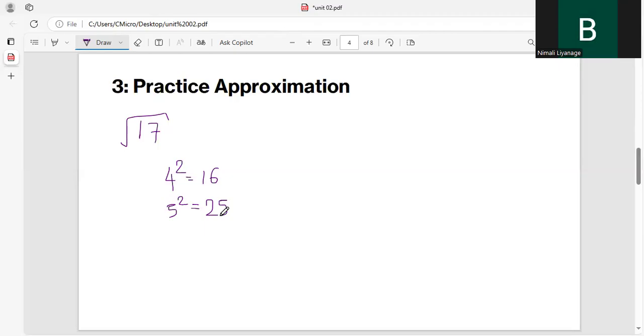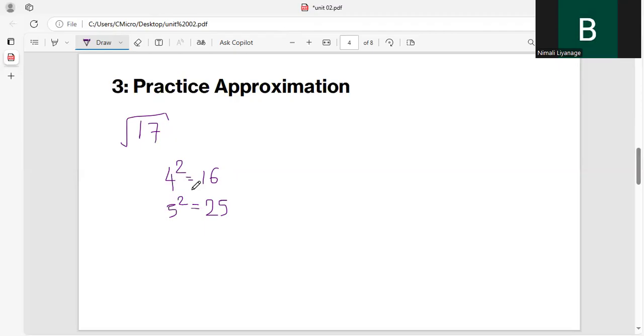So simply you can guess the square root of 17 is closer to 4, because the difference between 16 and 17 is just 1.